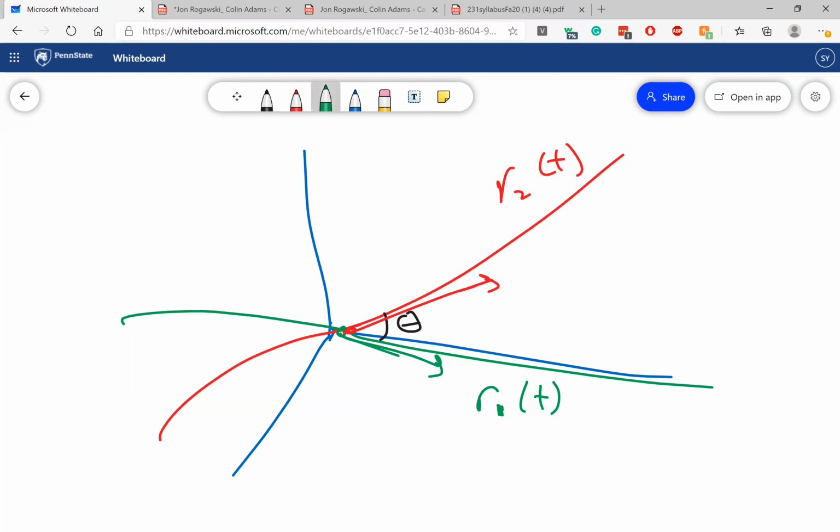So this one would be R1 prime of t at 0. So R1 prime at 0. Let's say they intersect at t is equal to 0. Not at the origin, but at t is equal to 0. Okay, so this would be that. And then this over here would be R2 prime of 0. Those would be our two vectors.